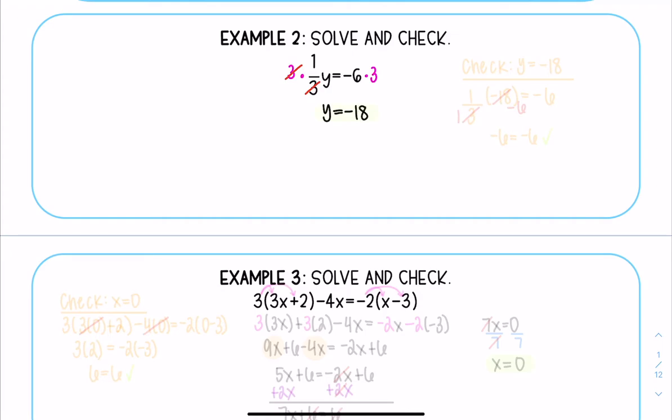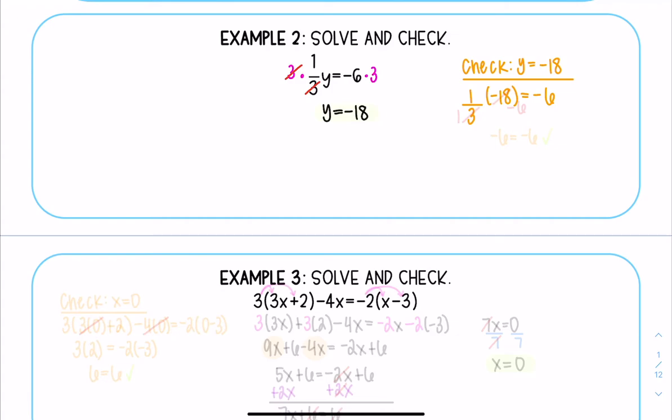You want to check your solution. We plug it back in to the original. So we have 1/3 times negative 18 equals negative 6.